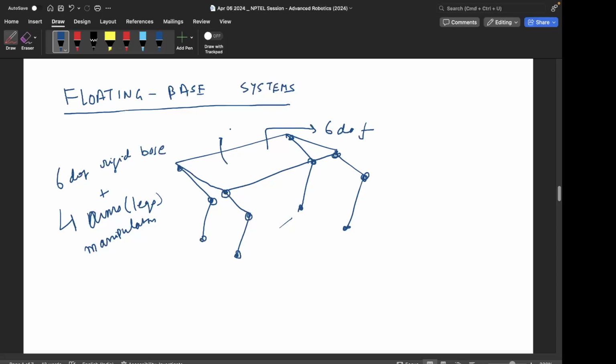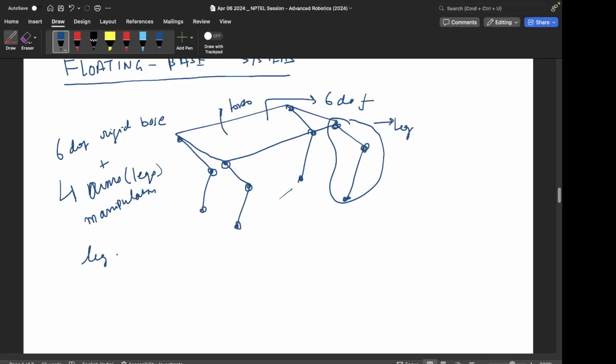So this is the torso, and this entire thing is the leg. So the leg is actuated and the torso is unactuated, right? By actuated I mean where the actual source of motion is kept, whether they are motors or not. Motors are there in legs, there are no dedicated motors in the torso, right?